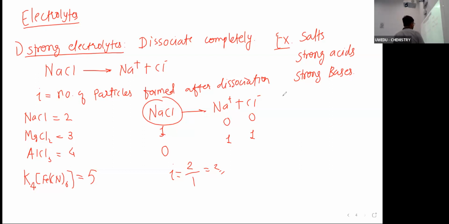Okay, now write down for weak electrolytes. What are weak electrolytes? The compounds which dissociate partially.